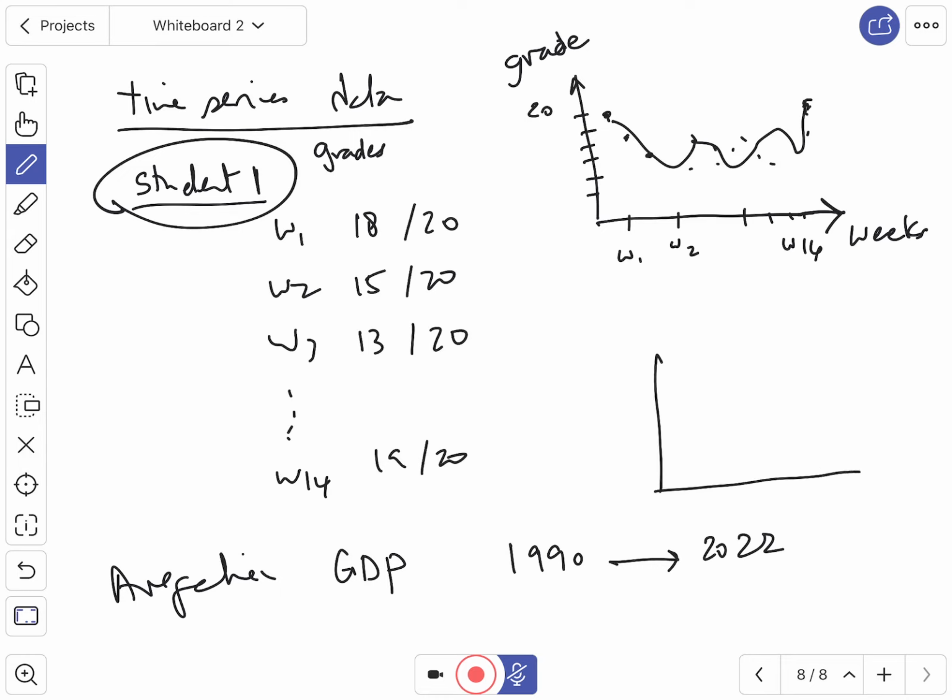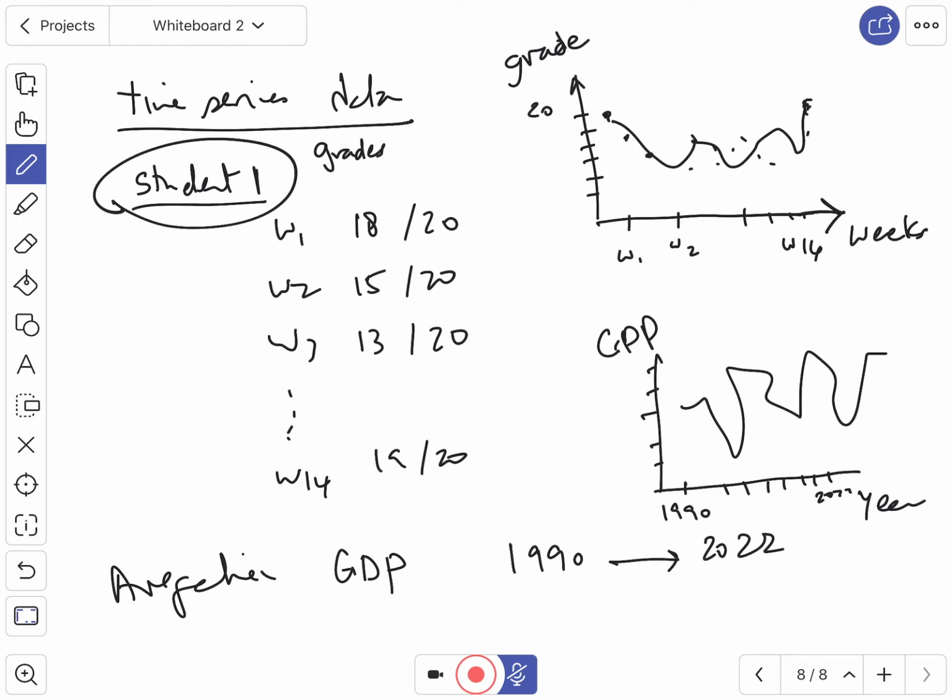The graph for Argentina would have the year here, starting from 1990 all the way until 2022. This is GDP in billions of dollars, and then the numbers, again something like this over time. So again, time series consists of a single entity observed at multiple periods.